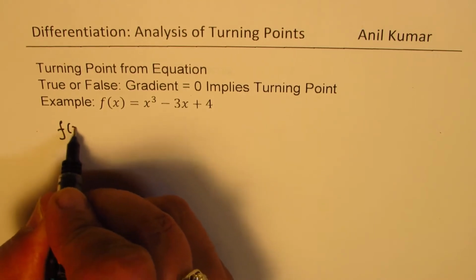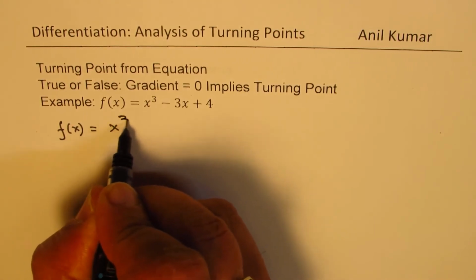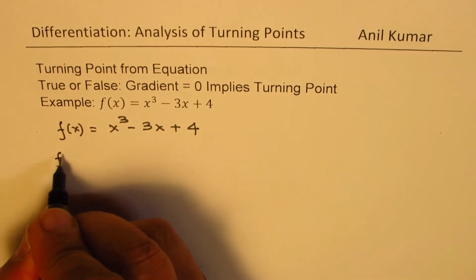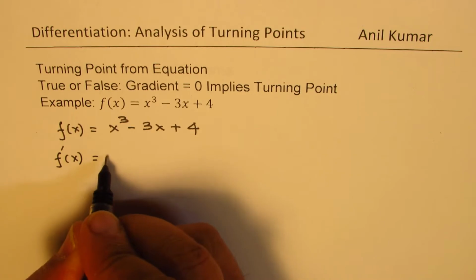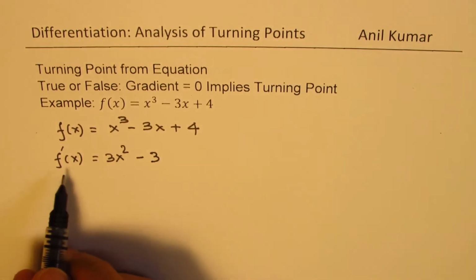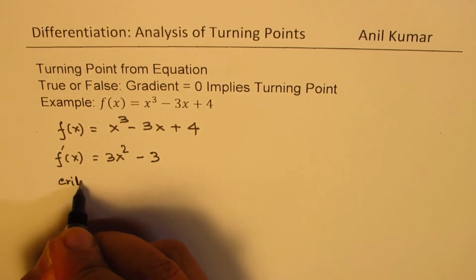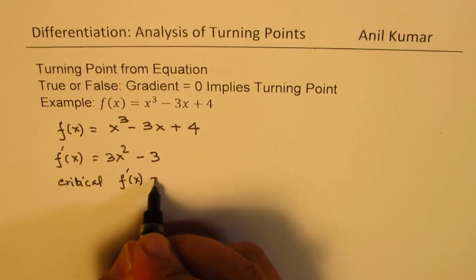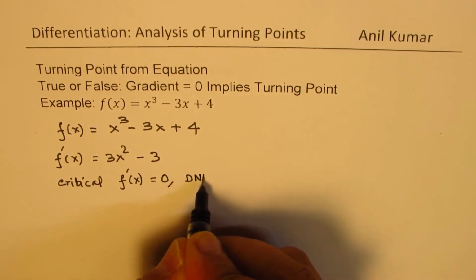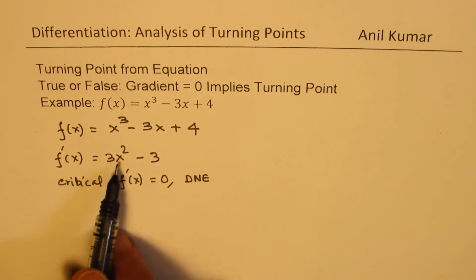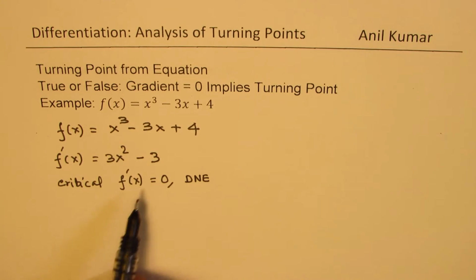We are given the function f of x equal to x cubed minus 3x plus 4. The first derivative of this particular function is 3x squared minus 3. To find the critical number, what we need to do is to equate this derivative to 0 or does not exist. In this case, it is a continuous function. It exists at all the points of x, and so let's figure out when it is 0.